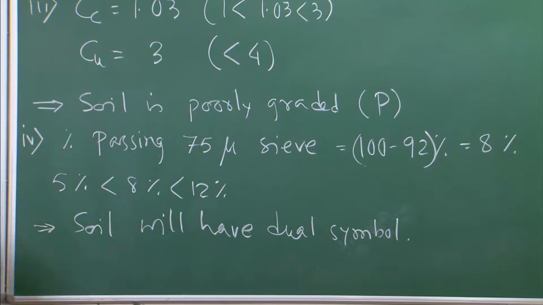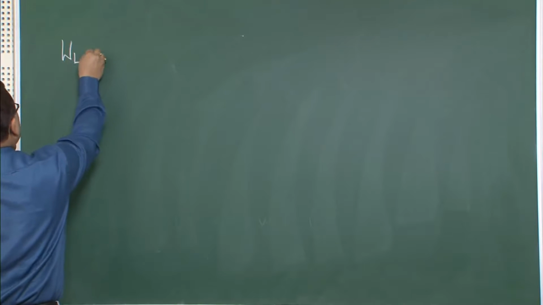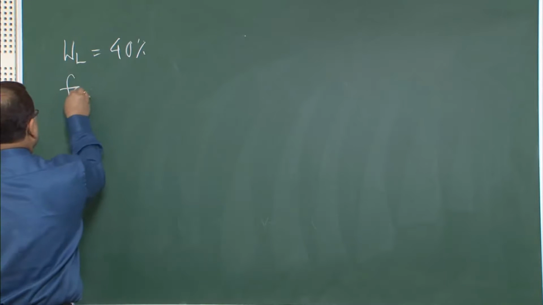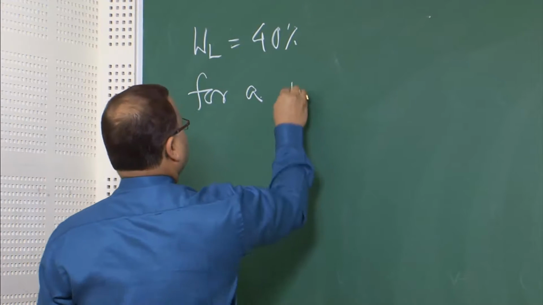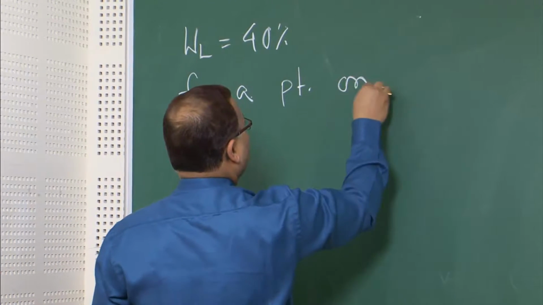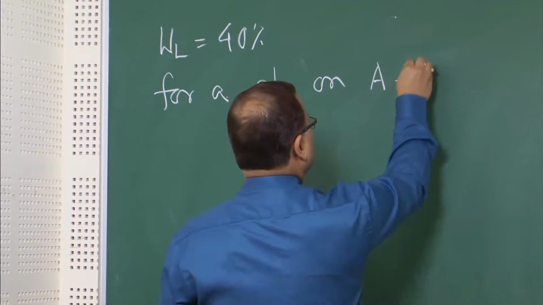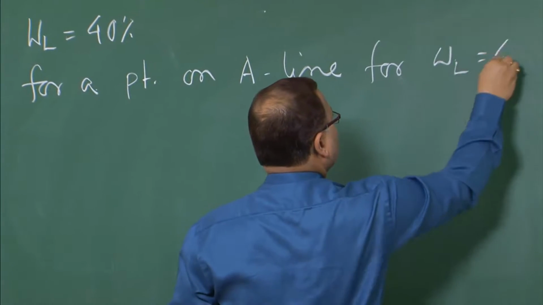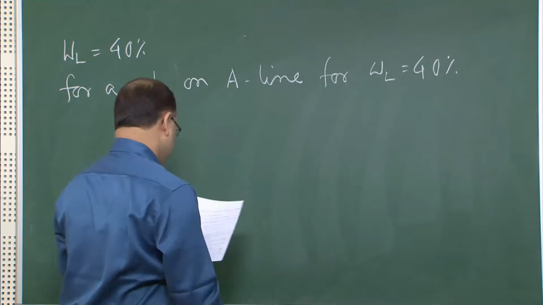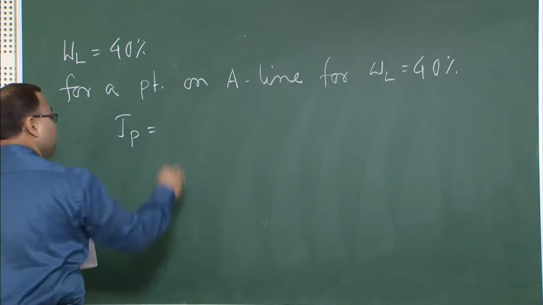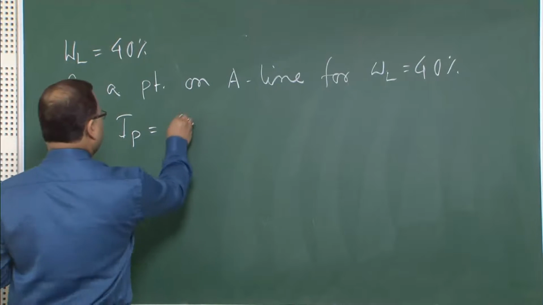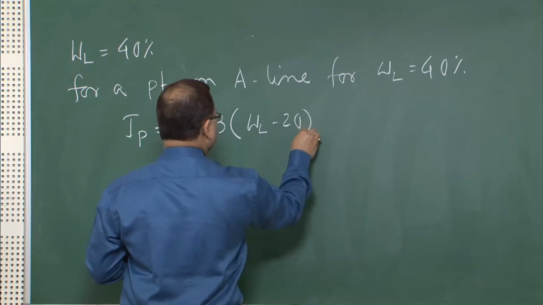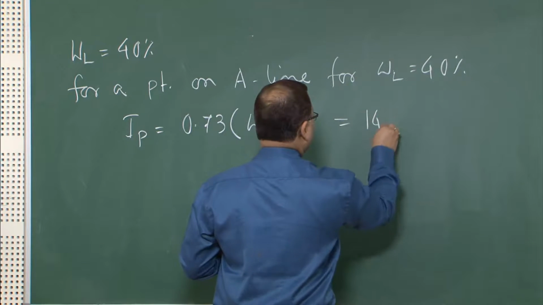Okay. Now, your liquid limit is 40%. Now, for a point on the A line of your IS plasticity chart, for liquid limit equal to 40%, what was the equation of the A line? If you recall, the equation of the A line was 0.73 into liquid limit minus 20. So, from this I will get 14.6.